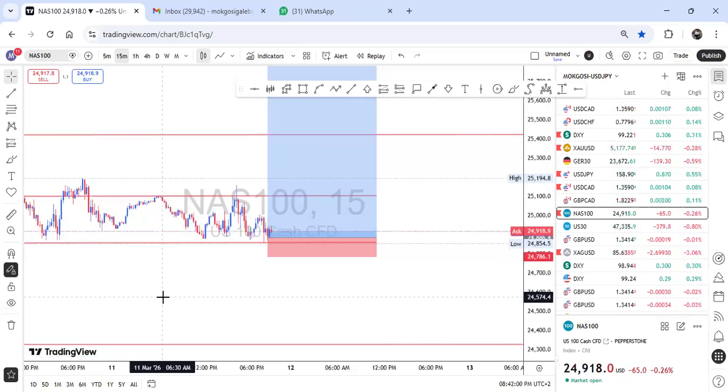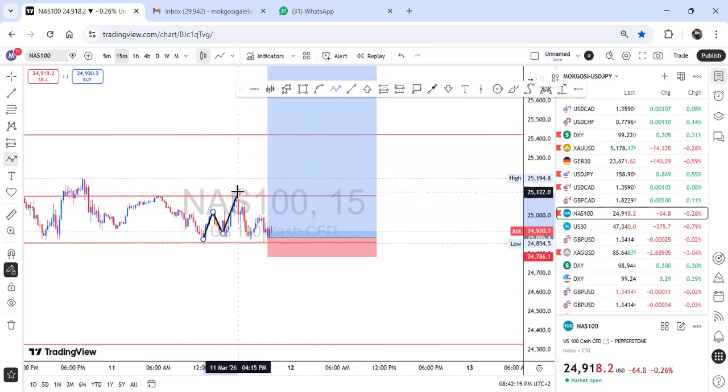Our structure says that we are going to buy. But on the 15 minutes, they are showing us a probability and possibility of pushing the market to the downside. What's the overall structure? The overall structure says we are going to buy.